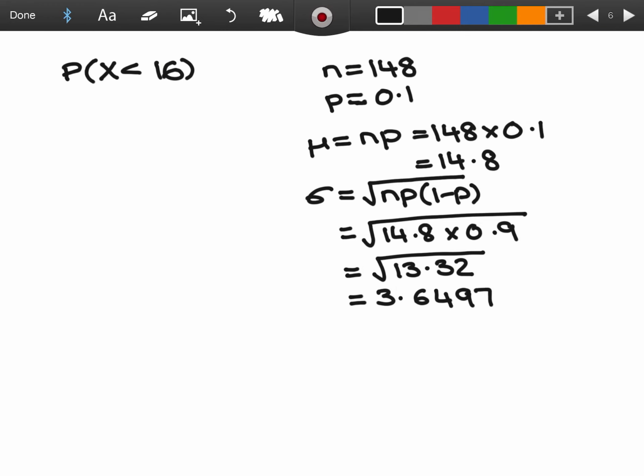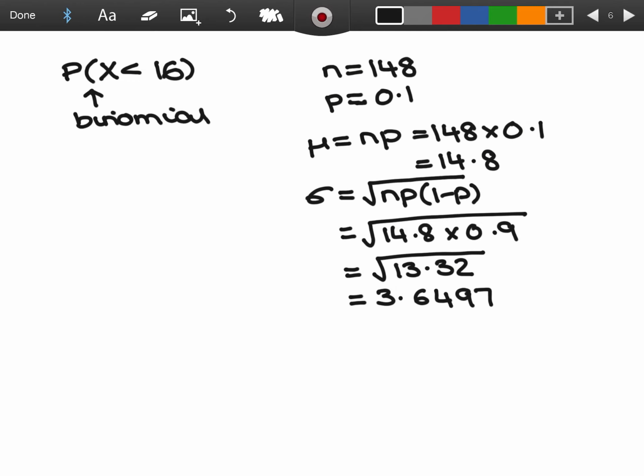So at the moment I am in binomial, but I've got a less than. I need a less than or equal to in order to do continuity correction. In order to do continuity correction, I either need a less than or equal to or a greater than or equal to, and currently I have a strict inequality.